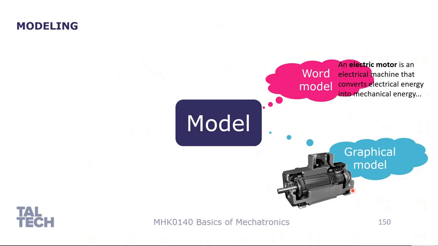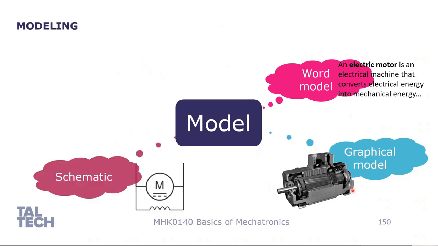In electrical engineering, we use electrical schematics a lot. The schematics present different components of the same device, but here we put more attention on their electromagnetic properties and the electromagnetic laws that we use to describe this model.